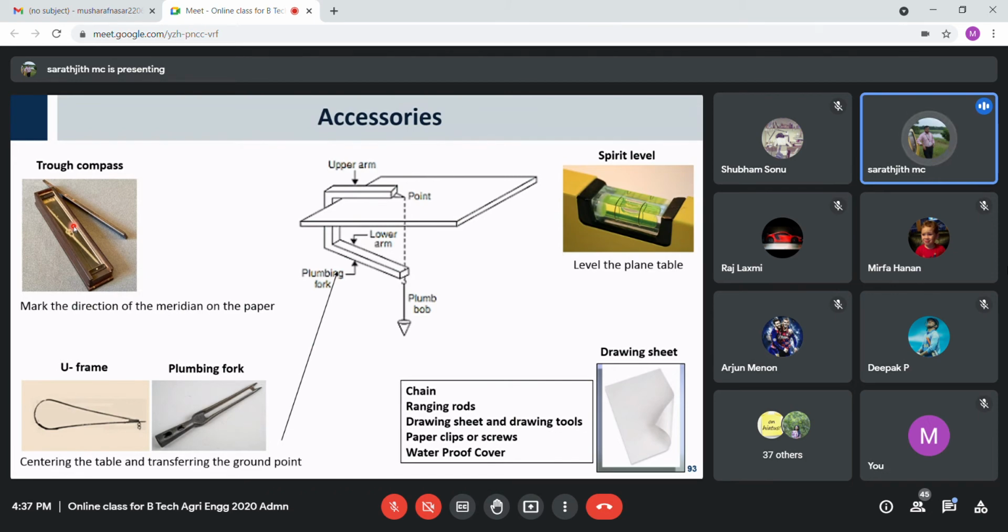Is that clear? Anyway, I'll be explaining that in the coming slides so that you'll be more clear. So that is the requirement of the compass for surveying purposes.